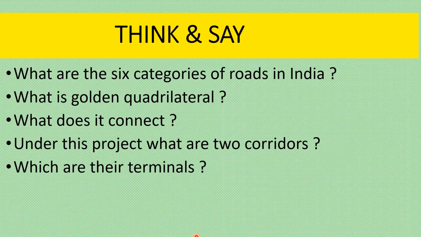What is Golden Quadrilateral? 6-lane highways connecting 4 metropolitan cities of India, that is Delhi, Kolkata, Chennai, and Mumbai. What does it connect? It connects Delhi, Kolkata, Chennai, Mumbai.